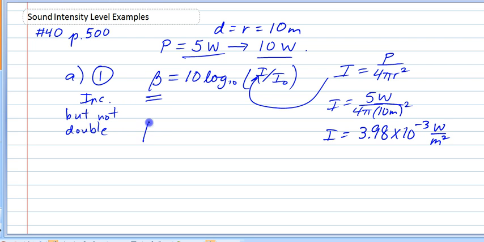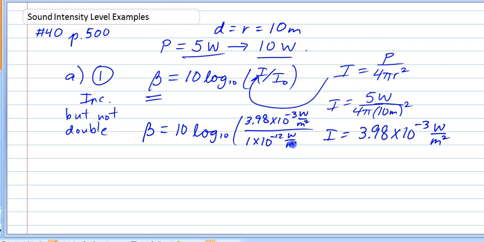Okay, so we plug that in and we have a loudness of 10 log base 10 of 3.98 times 10 to the negative third watts per meter squared over 1 times 10 to the negative 12 watts per meter squared.